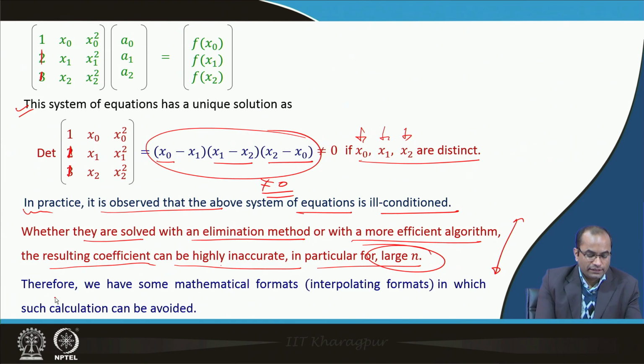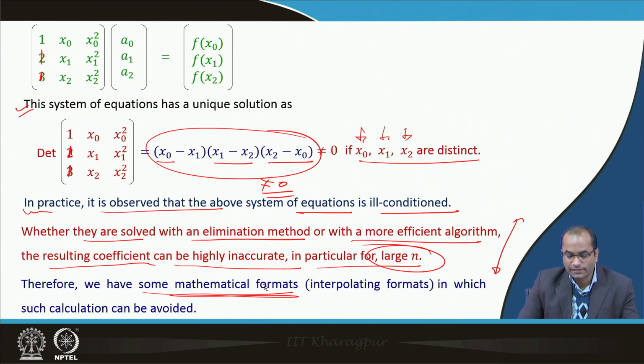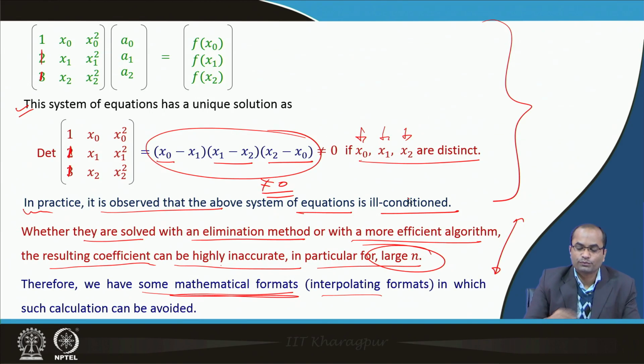So, there are some mathematical formats which we will be talking about in the next lecture, and those are the methods for getting this interpolating polynomial without following this approach of constructing the system of linear equations and then solving them. Rather, we have better and direct ways of constructing the polynomial without solving such a system.